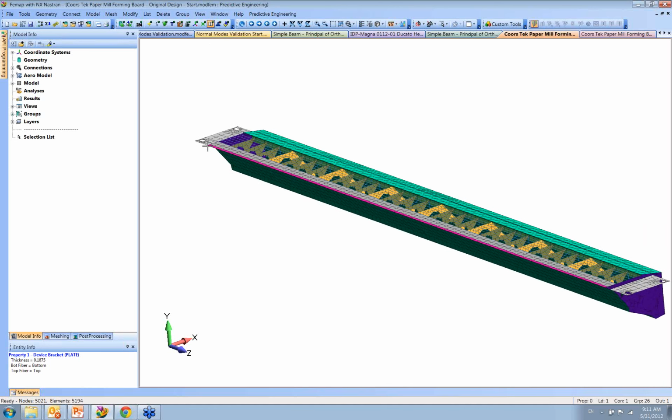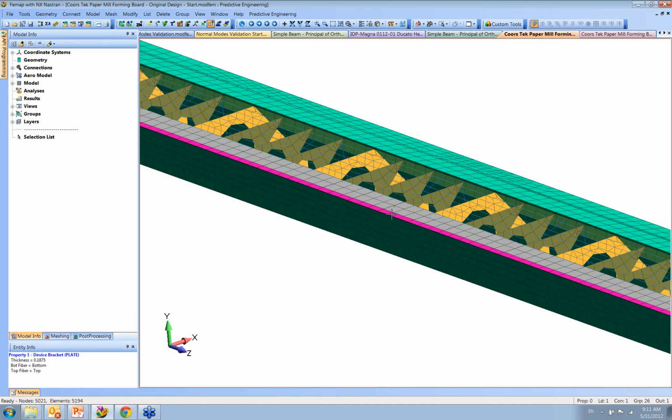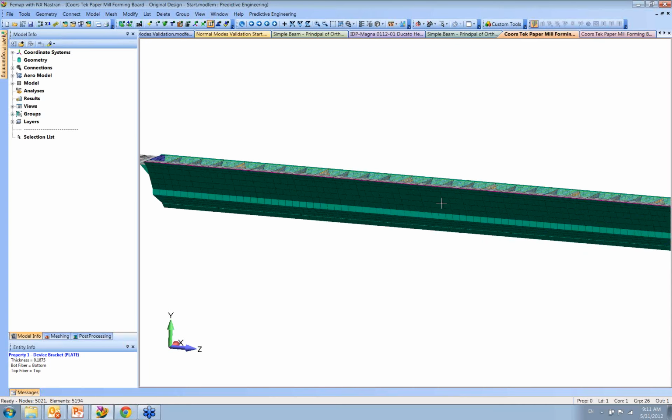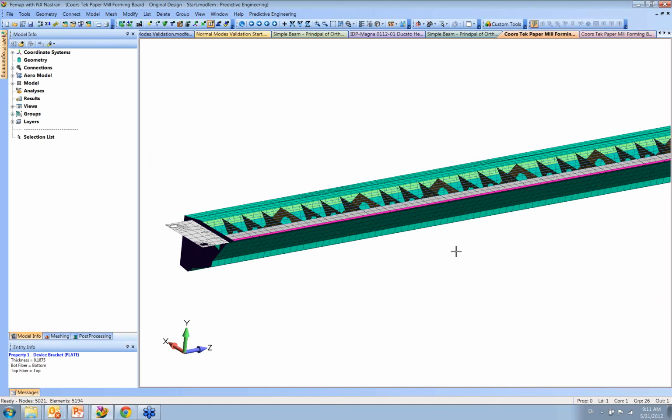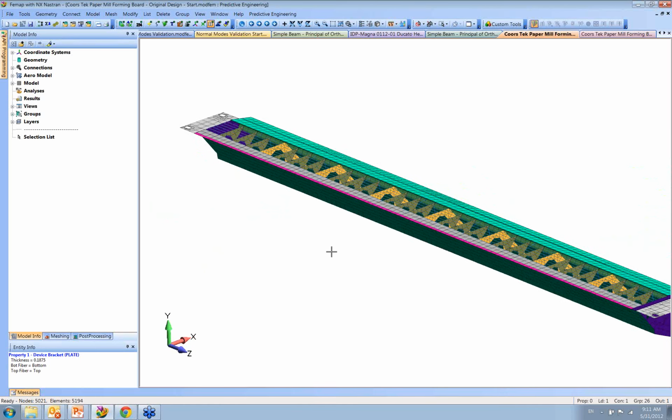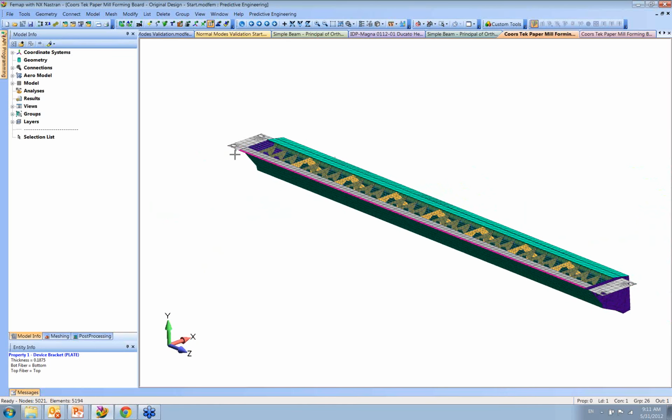And so in the industry, this is called a forming board, and they put ceramic tiles on the top and stuff, and the mill operates at around 11 hertz. That's the rotational frequency. And they know from practice that if the frequency of this board is below 11 hertz, then it'll get excited by the wire mesh going over the top.